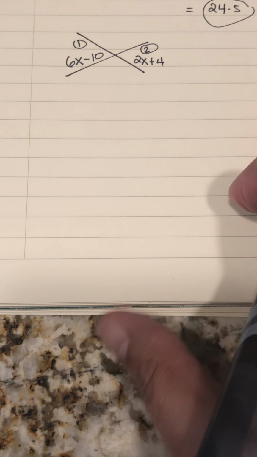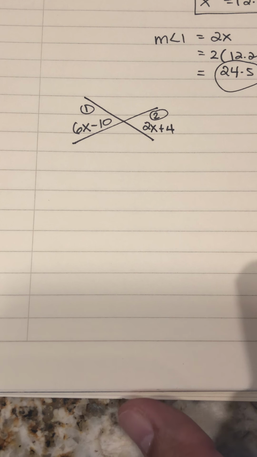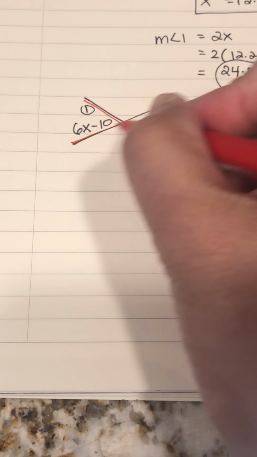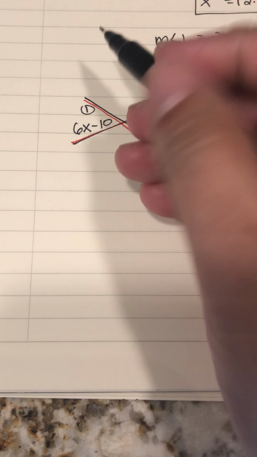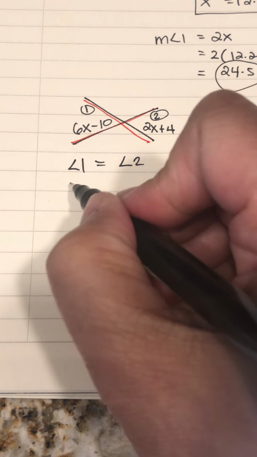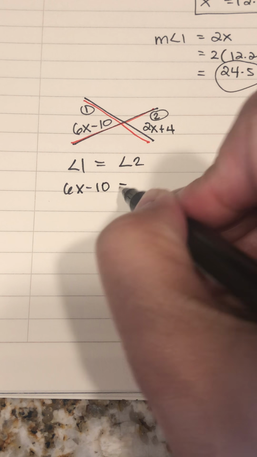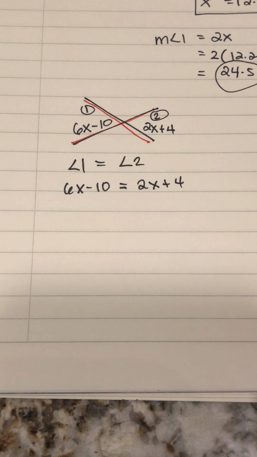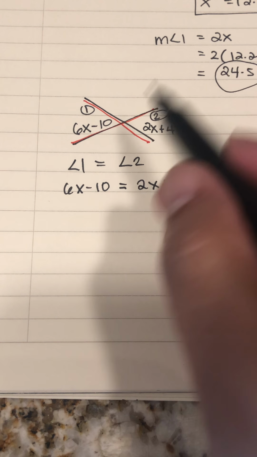What is the relationship between angle 1 and angle 2? They are vertical pairs, so we formed an X. So angle 1 is equal to angle 2. Angle 1 is 6x minus 10, angle 2 is 2x plus 4, and then you solve for x using equations again.